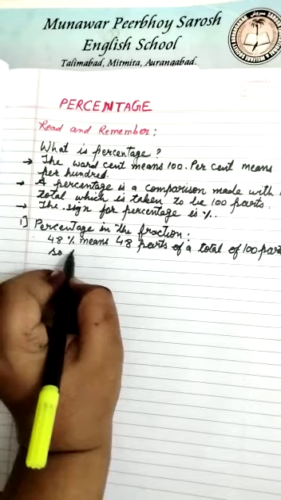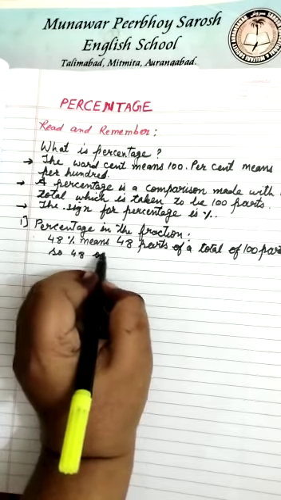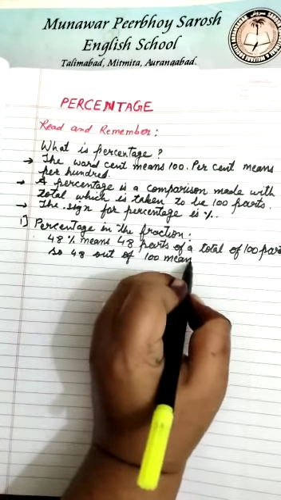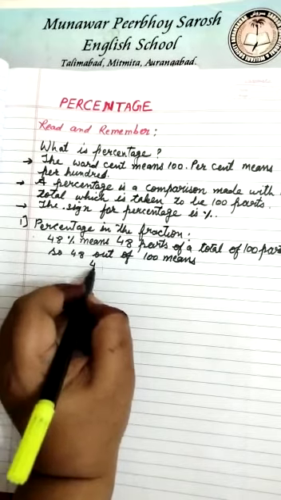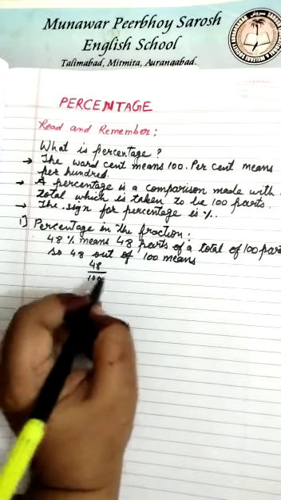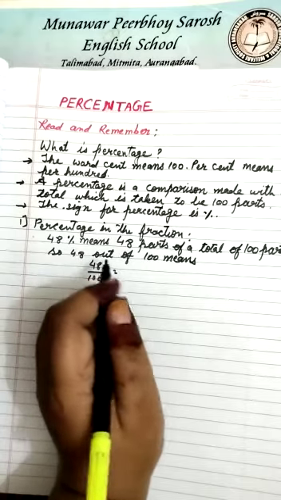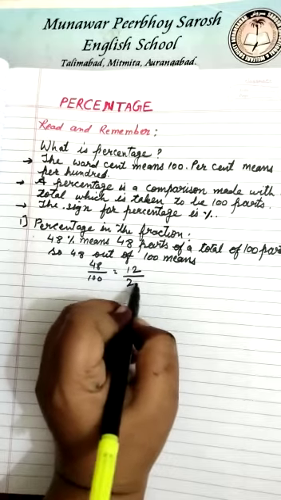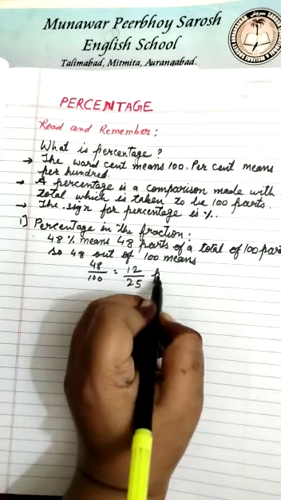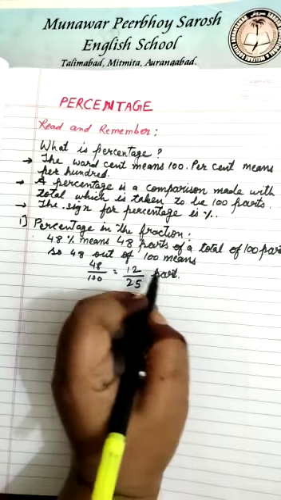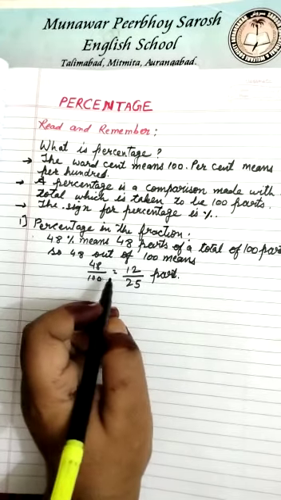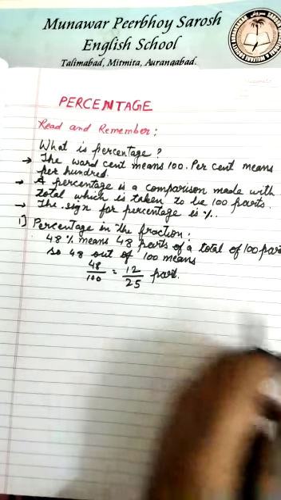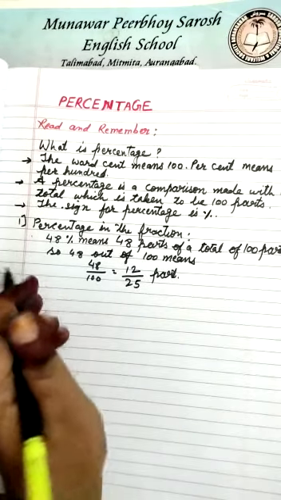So 48 out of 100 means 48 upon 100 is equal to, we have to divide 100 and 48. The answer is 12 upon 25, which means 12 parts of a total of 25 parts.